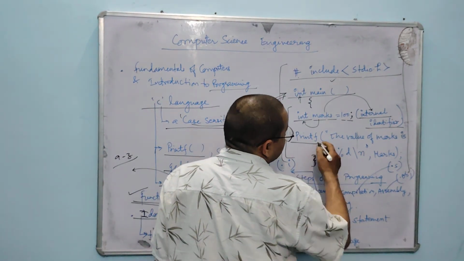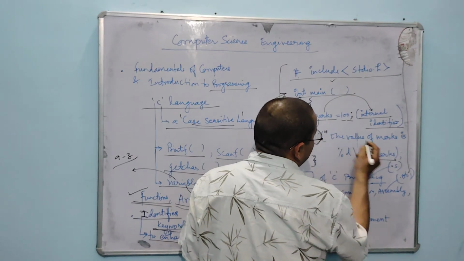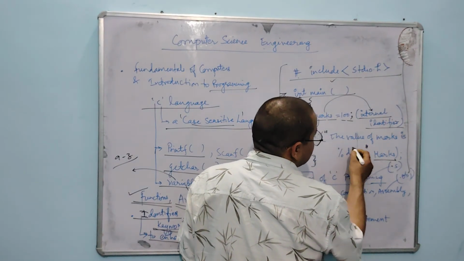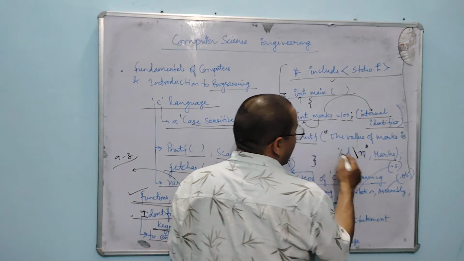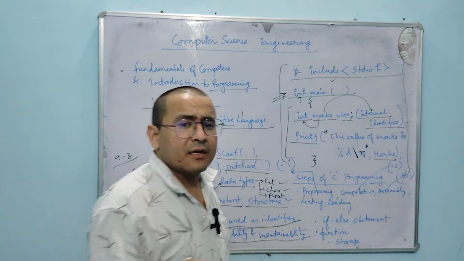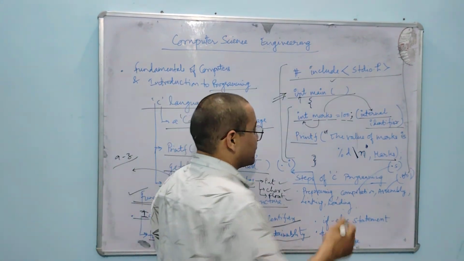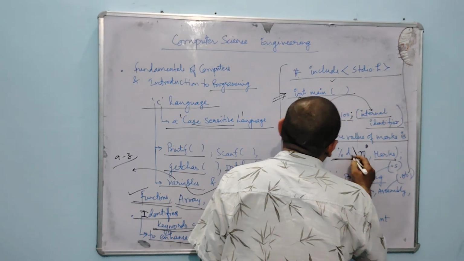And then printf, what needs to be printed? Marks here. In the inverted commas, there is the text, and this is backslash n for a new line. This inverted comma text is like a comment, for the explanation: the value of marks is %d. Why is it %d?